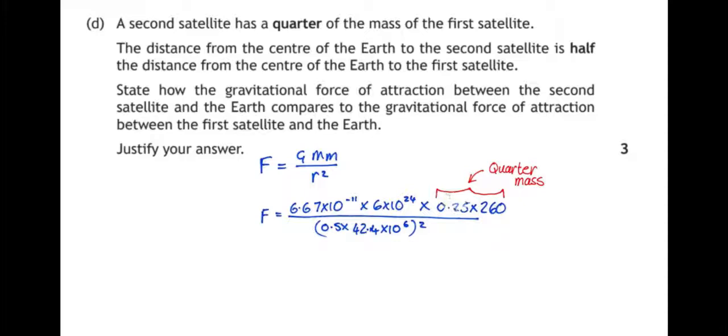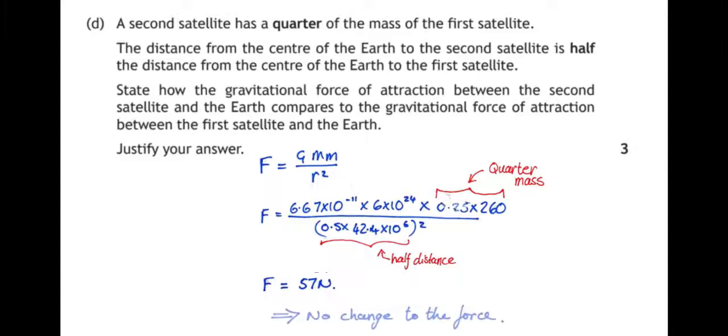And the distance from the center of the Earth to the second satellite is halved, so I've put in as my distance 0.5 times 42.4 times 10 to the power 6. And then I just work it out, and I end up with a force of 57 newtons. Therefore, the force is the same. There is no change to the force.